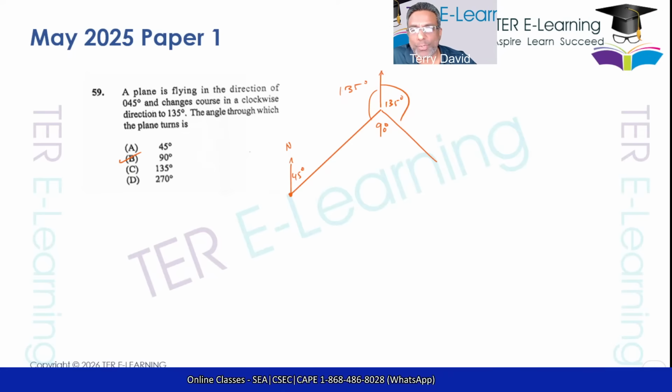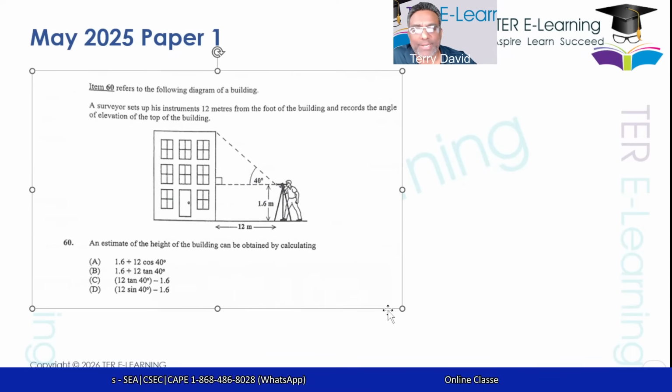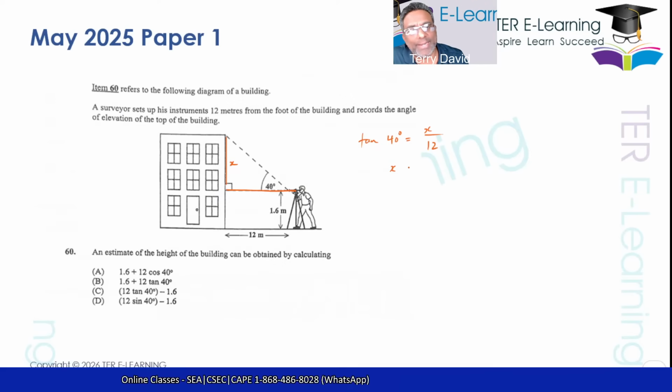Right, we also saw this one last night as well. They want you to estimate the height of the building. So all we need to do is use this right angle triangle here. The base is 12, and we need to work out this height here. So we can say that tan 40 is equal to opposite, so let's call this x, over your 12. Therefore x is equal to 12 multiplied by tan 40.